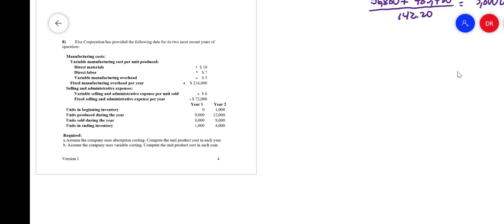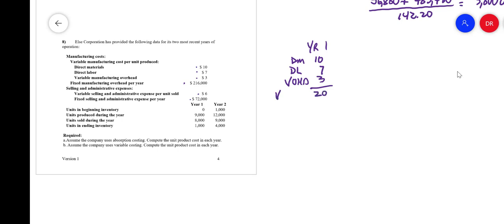So for year 1, we're going to take the direct materials of 10, direct labor of 7, variable overhead of 3. We're going to add all that up, and that gives us the variable cost, which is 20.